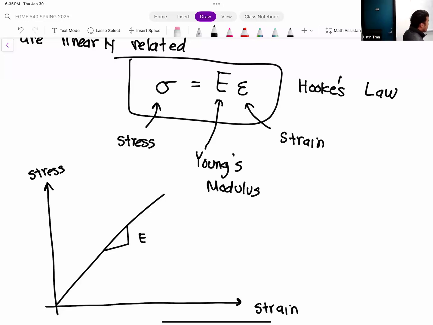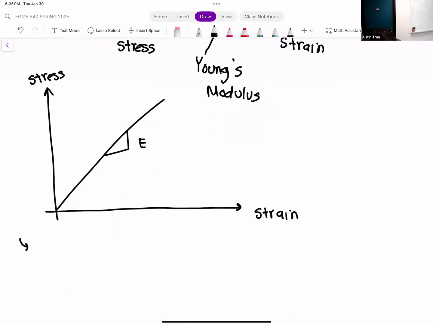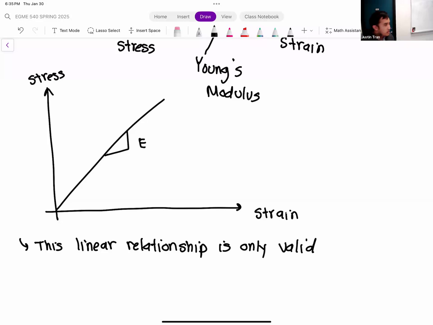So this linear relationship is something that's very commonly taught in strength of materials, but it's actually only valid up to a certain point. This is not true indefinitely. You can't just keep applying force to a material and have it deform linearly.